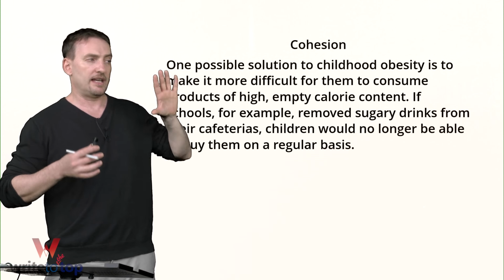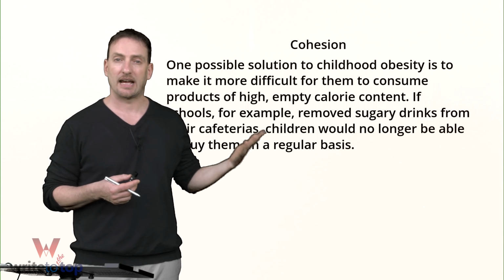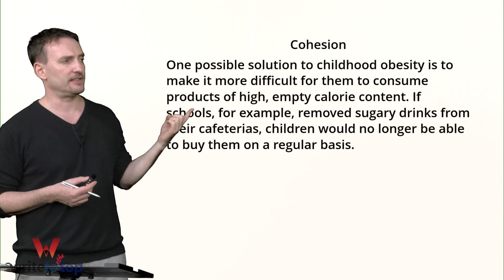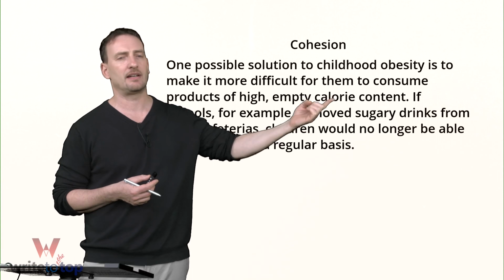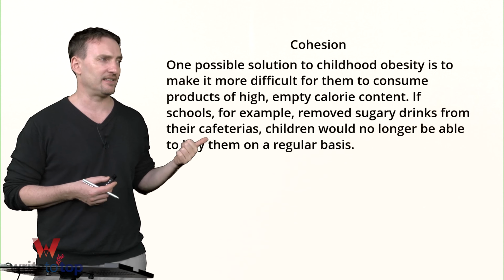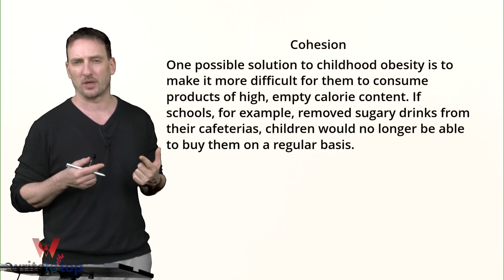So now, again, not wrong, can be better. How? The last thing I mentioned in the first sentence is products of high empty calorie content. The first thing I mentioned in the second sentence is schools. There's no connection between these 2 ideas.